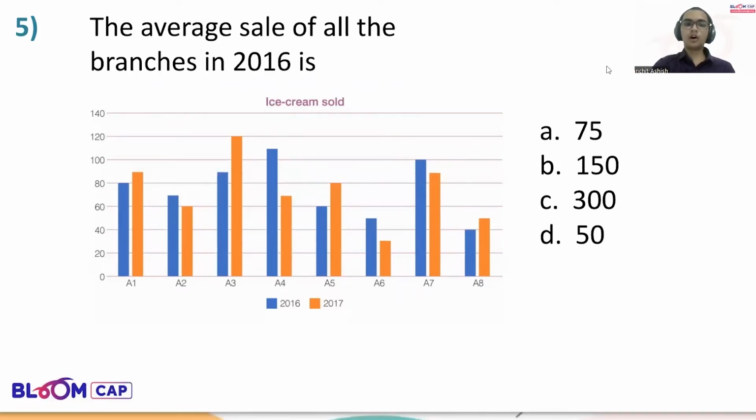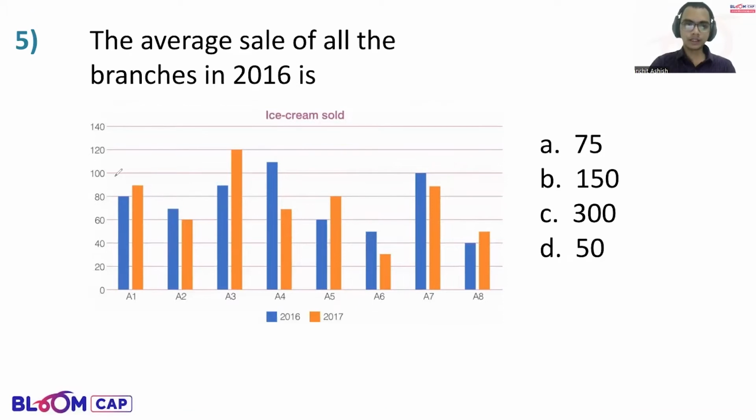The average sale of all the branches in 2016 is... So we have to first find the values of 2016, then we have to find the average. First, let's find the values of 2016. For A1, it's 80. For A2, it's 70. We just found that out. For A3, it's between 80 and 100, and it's halfway through, so we write it as 90.